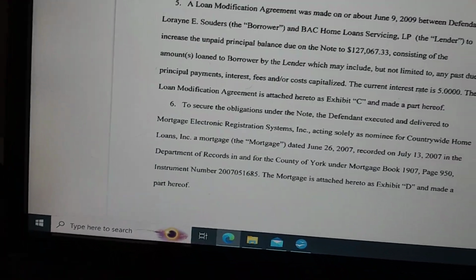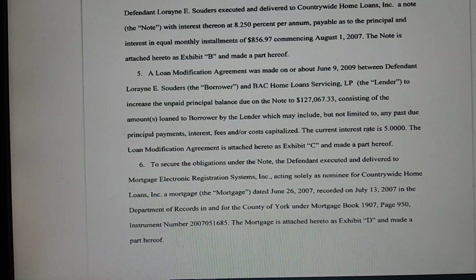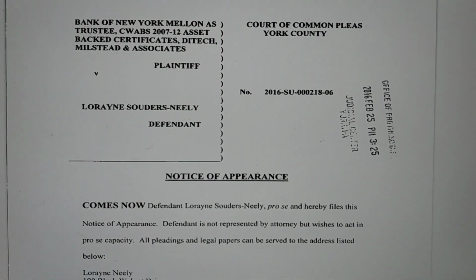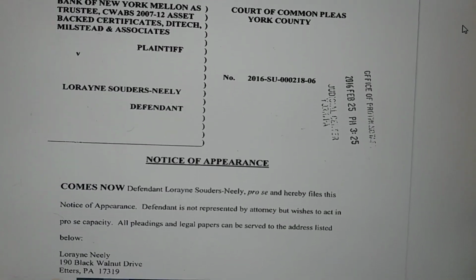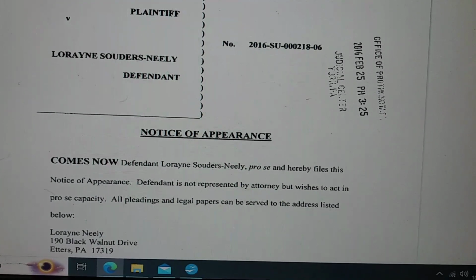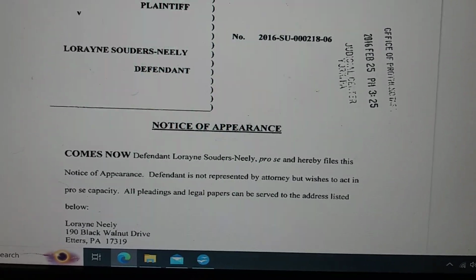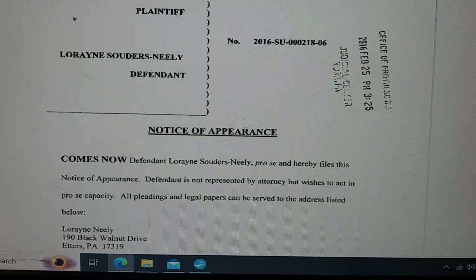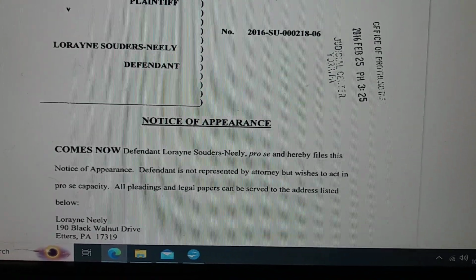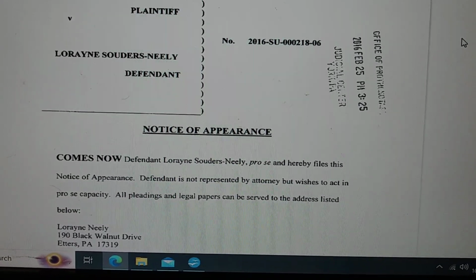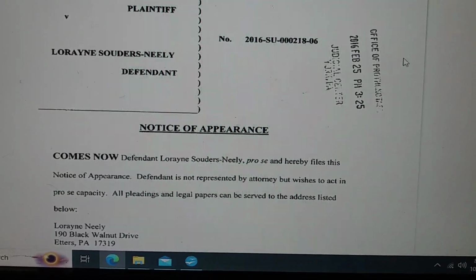The other thing I want to go over real quick, besides writing an answer, is a notice of appearance, which I had to file since I'm pro se. And all this is, it basically says, comes now defendant Lorraine Souders, newly pro se, and hereby files this notice of appearance. Defendant is not represented by an attorney but wishes to act in pro se capacity. All pleadings and legal papers can be served to the address listed below.